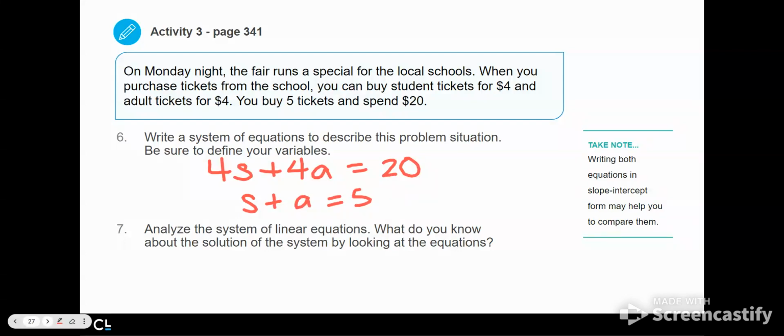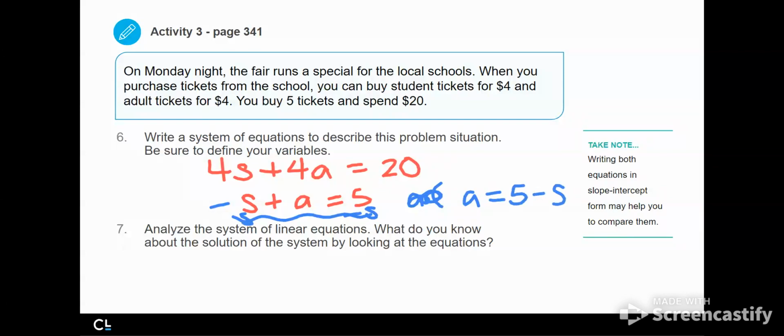Okay. Now, what they want me to do is how do I solve it? Well, I've got to plug something in. So I'm going to take this equation and get the A by itself. So I'm going to subtract the S from both sides. So I'm going to get A equals 5 minus S. I know we really haven't done this a whole lot, but this is going to be plugged in then for the A. Okay, so now that that's there, what do we know about the solution by looking at the equations?